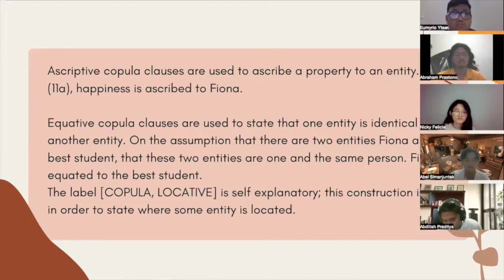Rather, the verb merely links the subject noun phrase with another phrase. In this case, an adjective phrase, very happy, in example 11a, a noun phrase, the best student, in 11b, and a prepositional phrase, in Okjemukji, in example 11c.